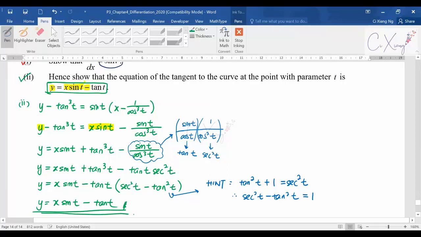So for this example, it looks a bit complicated because you need to apply a lot of trigo functions and also the trigo identities. And again, if you don't have any idea about all the trigo identities in your mind, it is quite hard for you to continue and solve. So as I suggested before, you have to try to memorize all the trigo identities now. This kind of question has a lot of unknowns and looks quite complicated for you to reach the answer that they want.